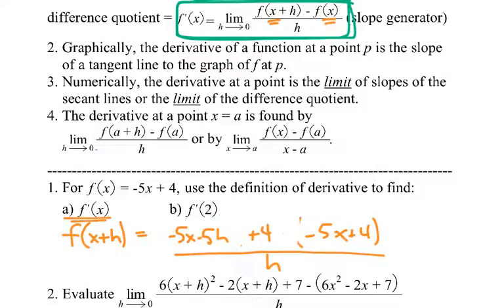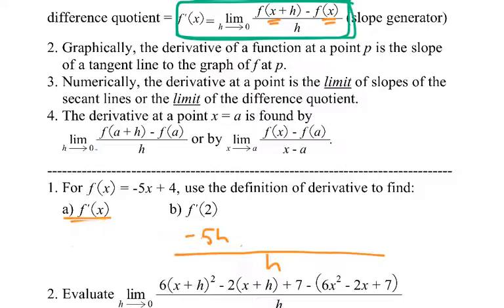And then if I distribute this negative sign, we get plus 5x minus 4. So you'll notice right away, the 4's go away, and the 5x goes away with the negative 5x. So all we're left with, after this huge cancellation, is just negative 5h over h.